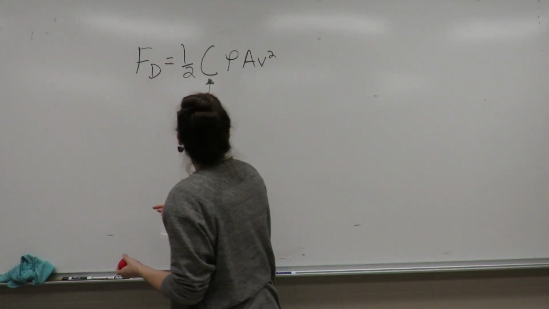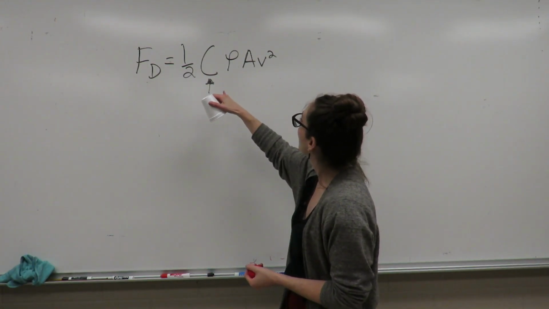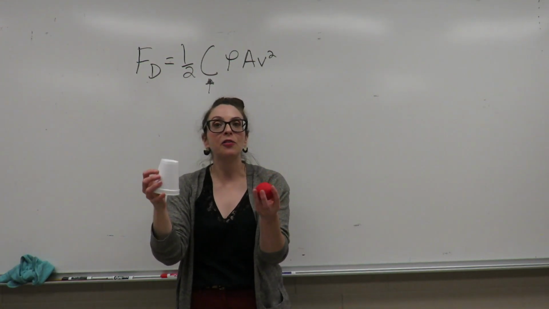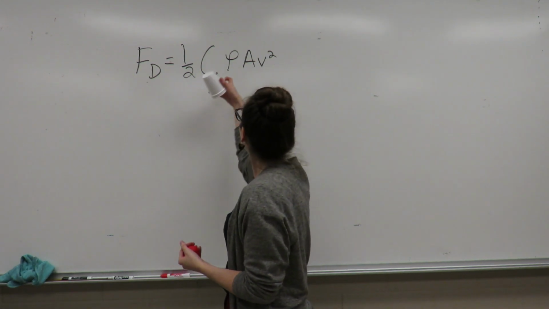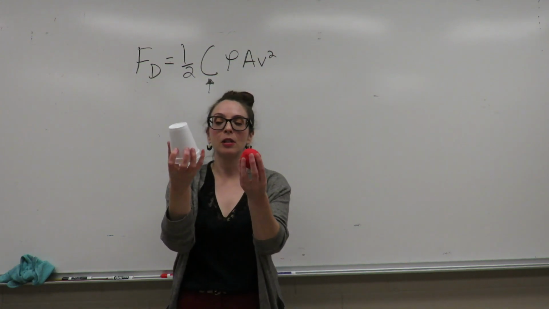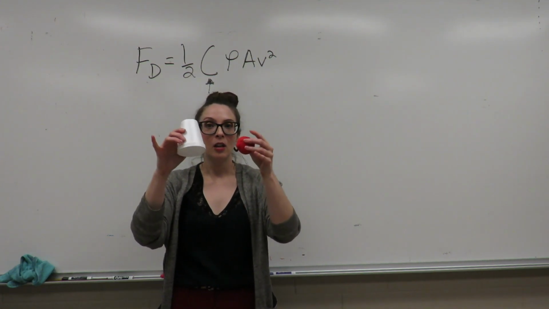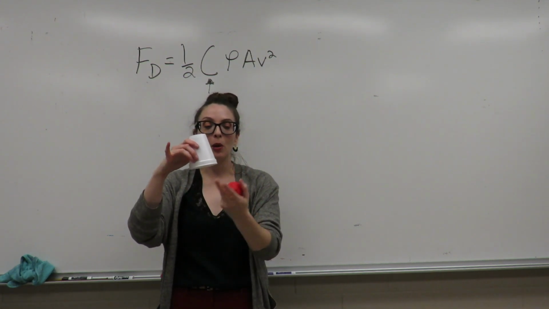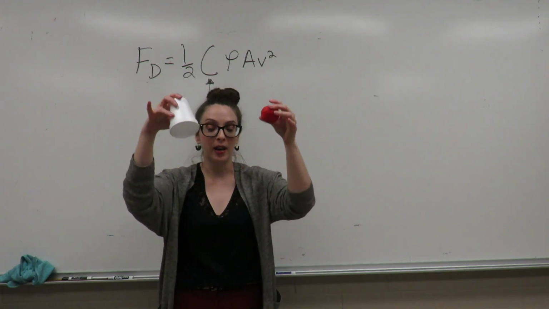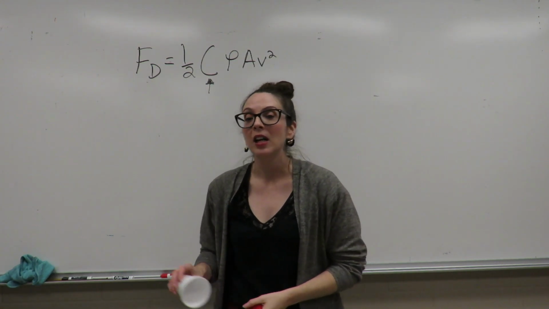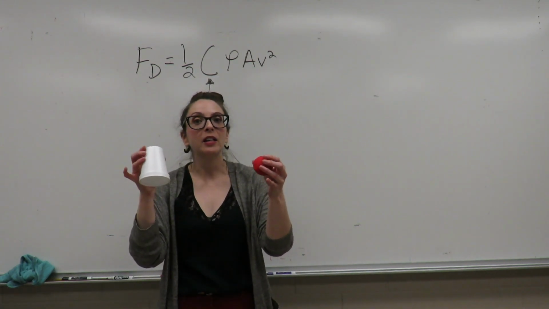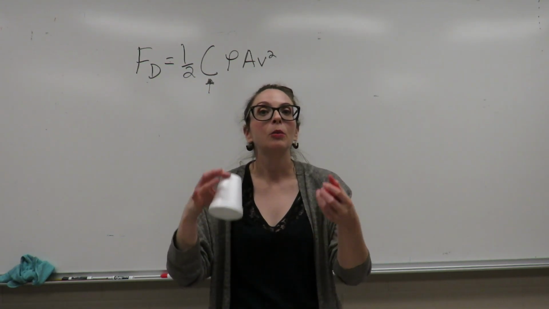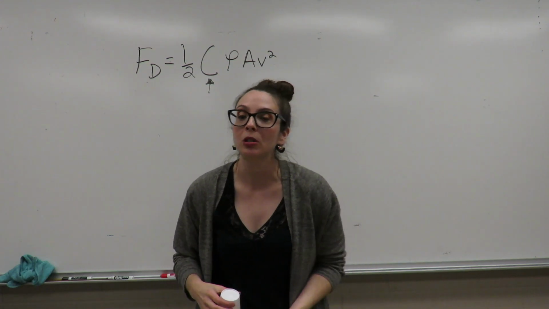And we can relate that to the fact that both of these objects have a different drag coefficient. They both have different shapes. And also, they both have different cross-sectional areas, the area that's exposed to the surrounding fluid as they fall toward the ground. And so those both contribute to the different drag forces that are acting on these objects as they fall, which changes the time it takes them to reach the ground.